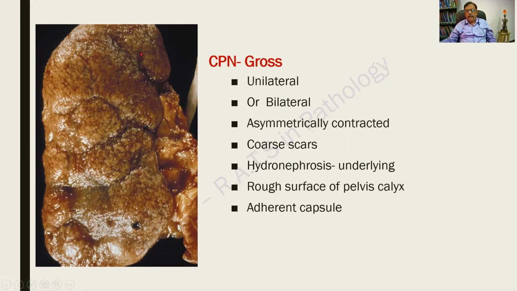When you try to peel it off, a part of the parenchyma will come along with it. That is because of the adherent capsule. So this is important. Kidney is contracted, asymmetrical, and the scars are coarse. There can be underlying hydronephrosis, and the inner surface of the pelvicalyceal system is rough.